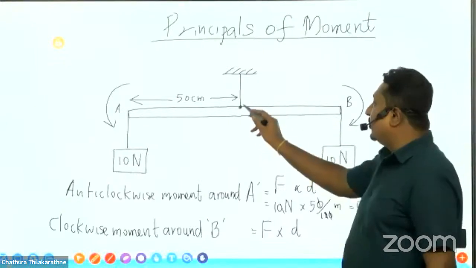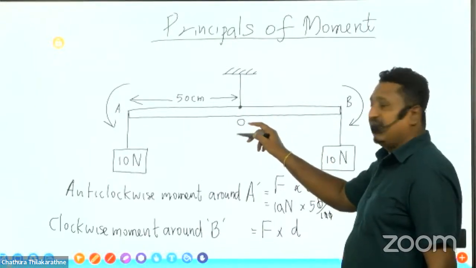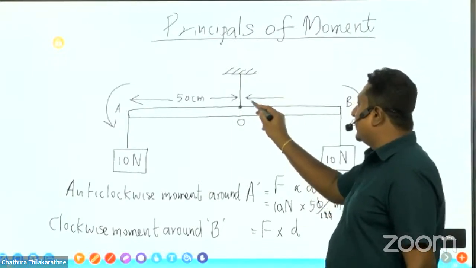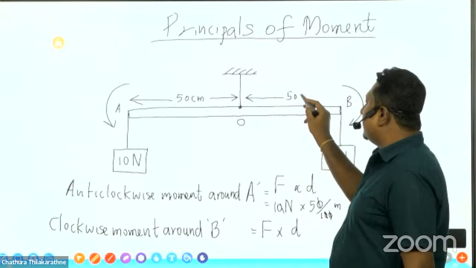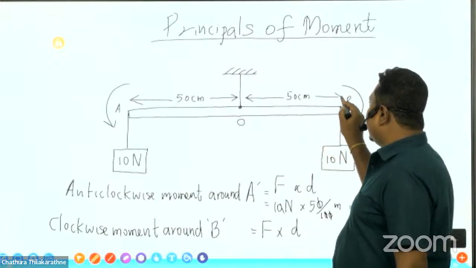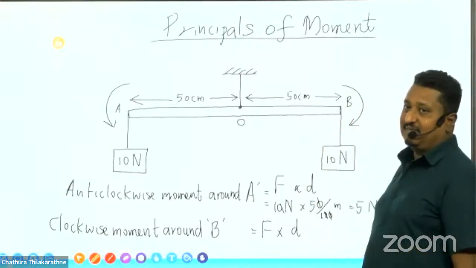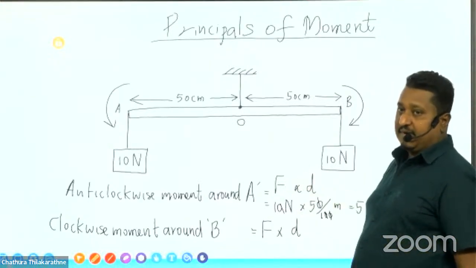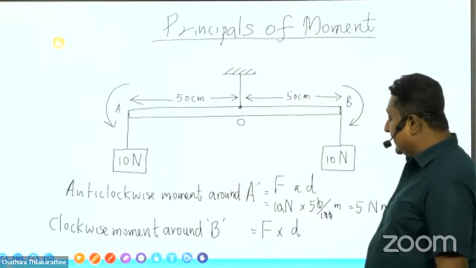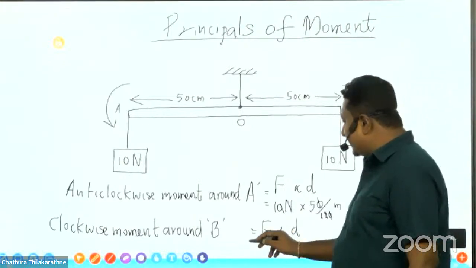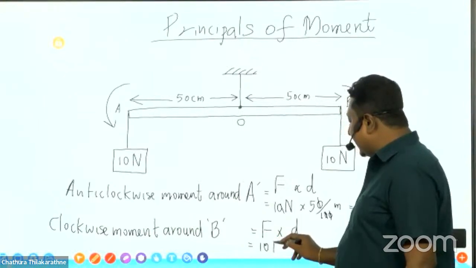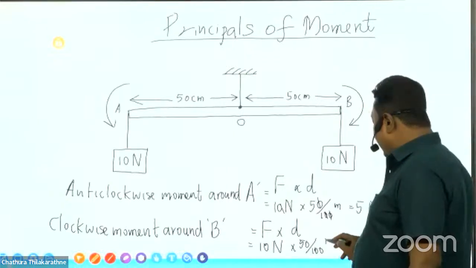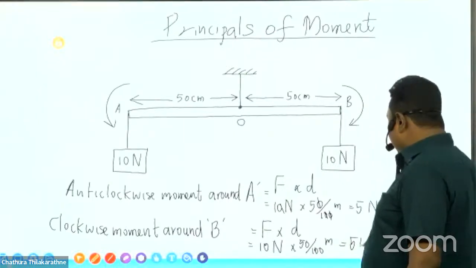If this point is O, normally the axis is given the letter O. The distance from O to B, this being a meter ruler, is also 50 centimeters, because it is suspended at the center. Then what is the clockwise moment? Once again, 10 newtons into 50 upon 100. It is 5.